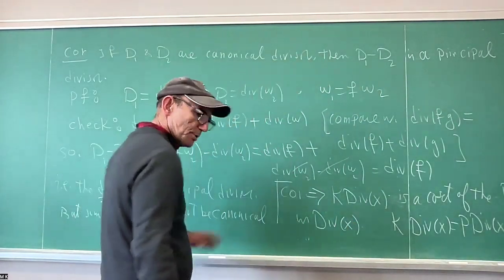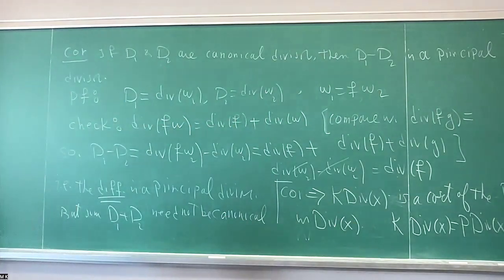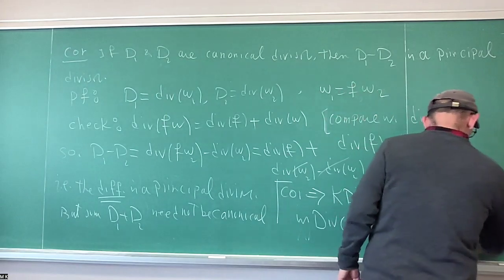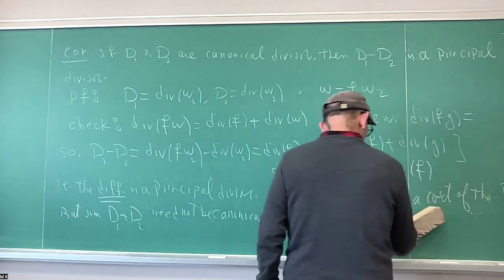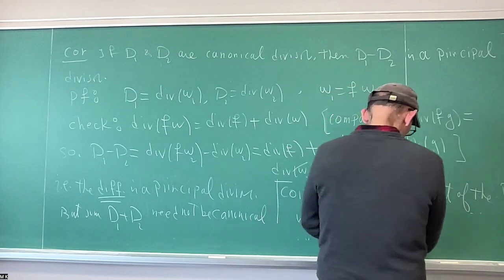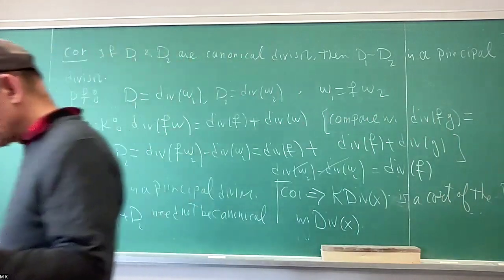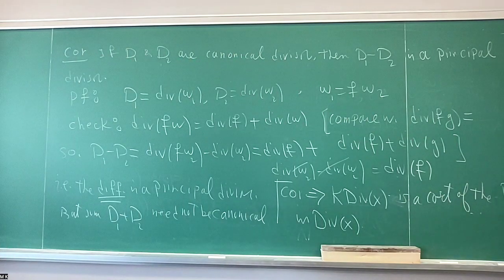Let me erase this because this leads to more confusion. Just the word coset is good, I think. The coset means that we just take this subgroup and translate it by one element, because it's abelian, so instead of multiplication we use addition.